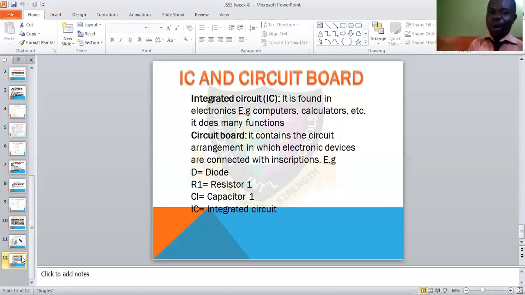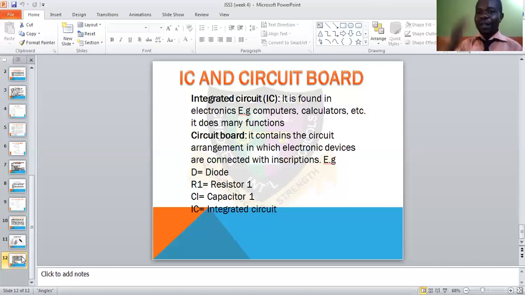Then the circuit board contains the circuit arrangement. That is the board where you put this, put this, put this. That's the arrangement of the devices, the way the devices are connected, with inscriptions. The person that manufactured it has a way it wants these things to be arranged. Like D stands for diode. When you see D, you know that this is a diode. R1 means resistor 1.